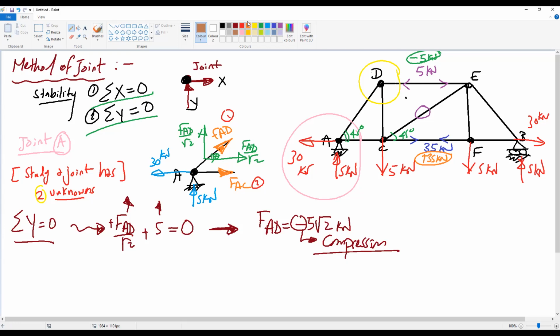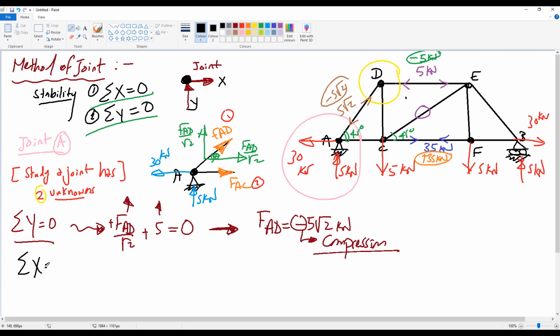To the joint or out of the joint? The arrows should go to the joint. So 5 root 2, or in another way, negative 5 root 2. Okay. Do you have a problem with this? No. After we get FAD, now we can apply the other equation.